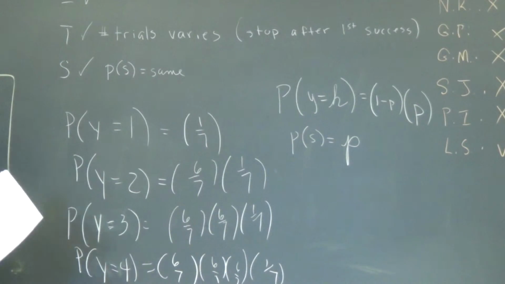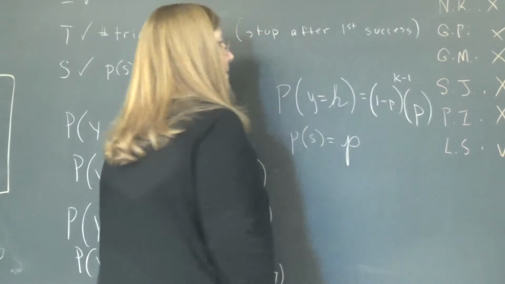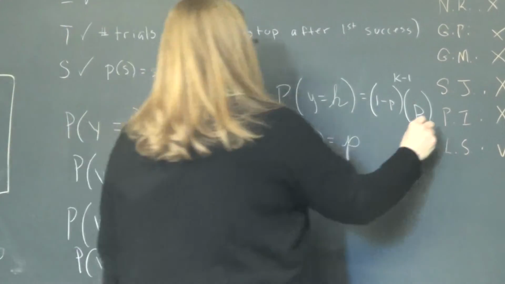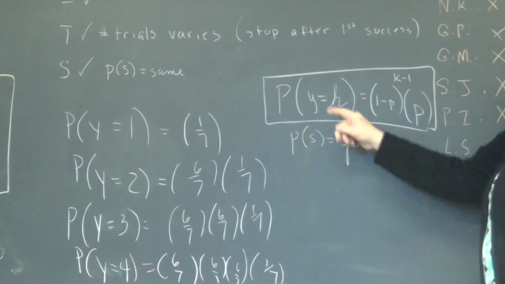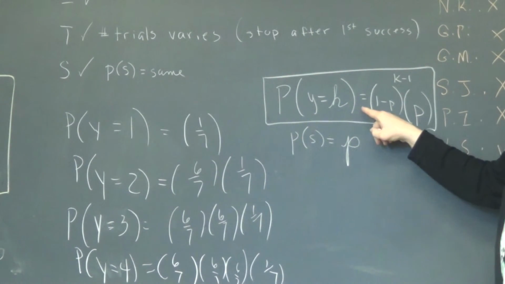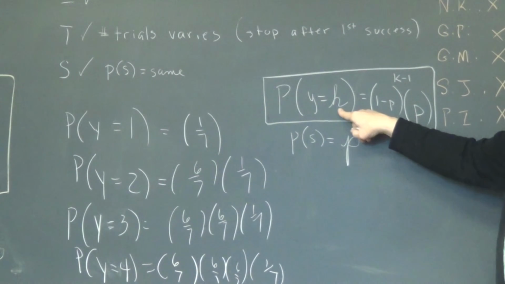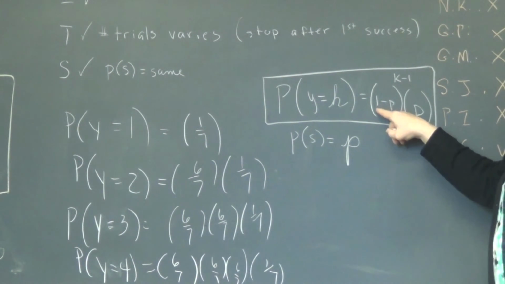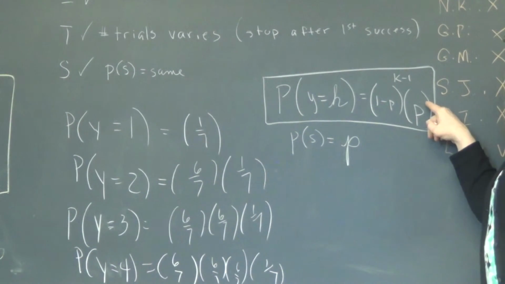One less than k, so k minus 1. Here's the formula for the probability that Y equals k in a geometric: k trials, so the probability is 1 minus p raised to the k minus 1, times p.